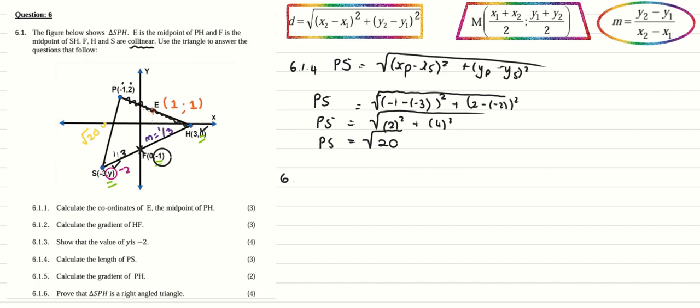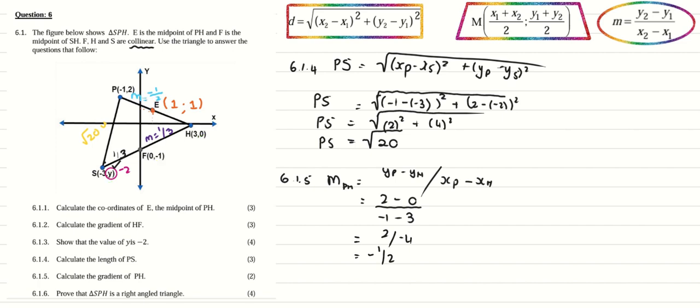The gradient, small m, of PH, we can say is yp minus yh over xp minus xh. The y value of p is 2 minus 0, all over minus 1 minus 3, and then we end up with 2 over negative 4, which is negative a half.